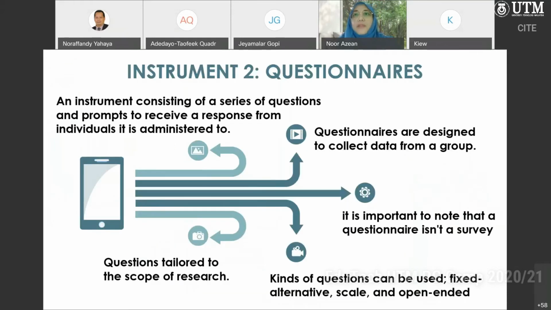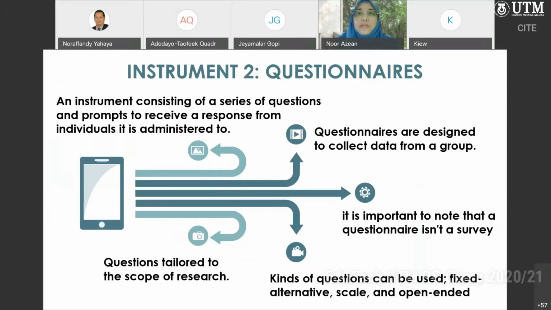Okay. Then we have instrument number 2. I'm sure that everybody knows about questionnaires. Actually, there are so many types of questionnaire. Most of the time you say the Likert scale, right? So this is the process of collecting data through an instrument consisting of a series of questions. The prompt is to receive a response from the individual it is administered to, right?